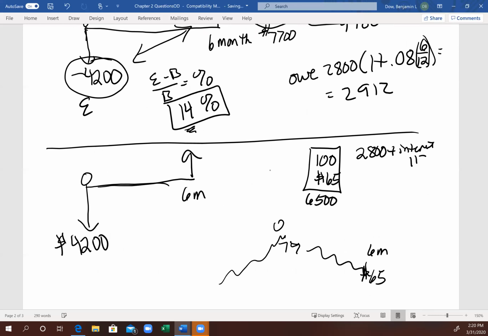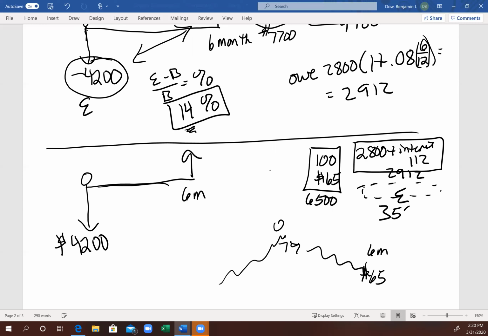So we owe, in terms of a liability, $2,912. Now what's going to happen to our equity position at the end of 6 months? Well, since our assets are only worth $6,500, we owe the $2,800 plus interest. It's going to put our equity position at $3,588.